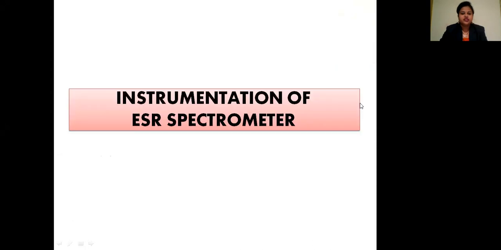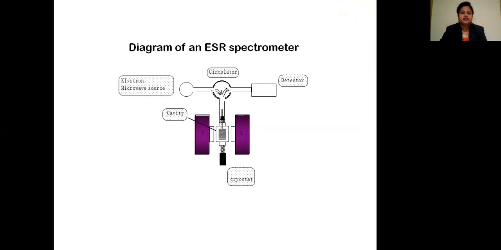In this video lecture, we are going to learn instrumentation of ESR spectrometer. This is the schematic diagram of ESR spectrometer. The most important part of this ESR spectrometer is microwave source. It is also known as a klystron microwave source. Next is the circulator.